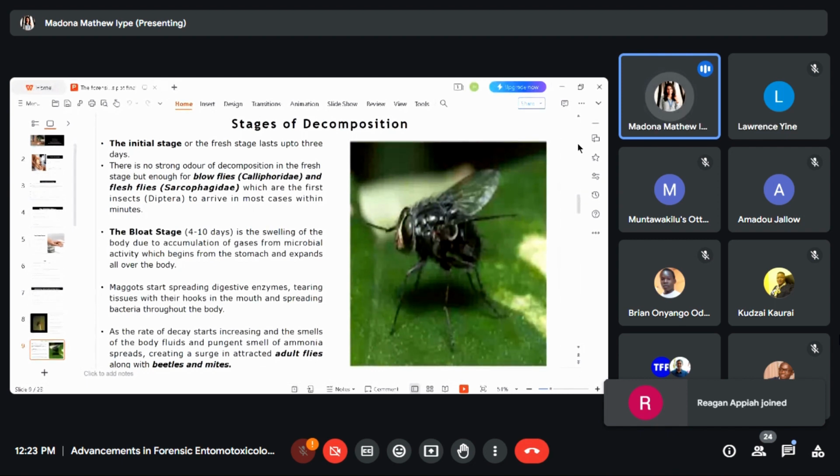Here what happens is, in our stomach, we all know, once we turn into a dead body, the first thing to bloat or swell is our stomach. The reason is an accumulation of gases due to microbial activity, which begins inside our stomach and starts to expand all over the body.